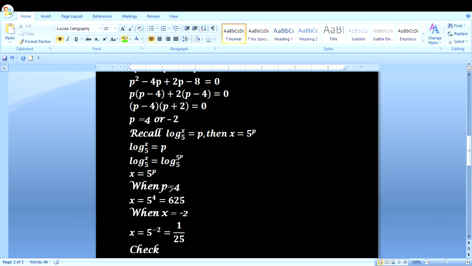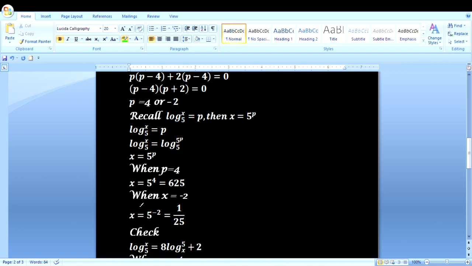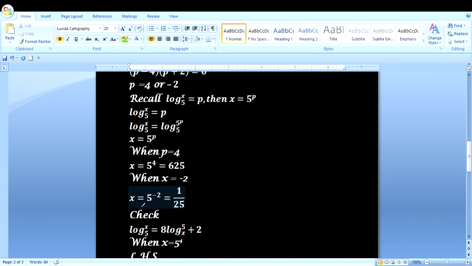So when p is equal to 4, x is equal to 5 raised to power 4, which is 625. Now let's look at when p is equal to minus 2. x here is equal to 5 raised to power minus 2, which is equal to 1 over 25.